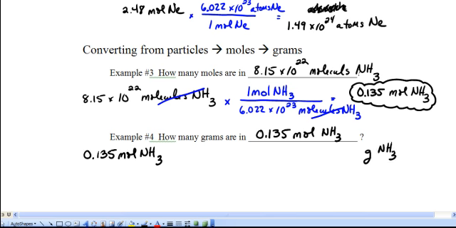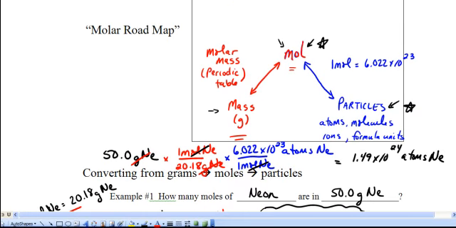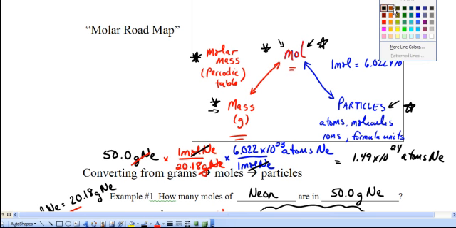So let's go locate where we're at on the molar map and see where we've got to go. Well, we're currently in moles, so I'll put an asterisk right there. We want to get to our mass in grams. So what do we use?